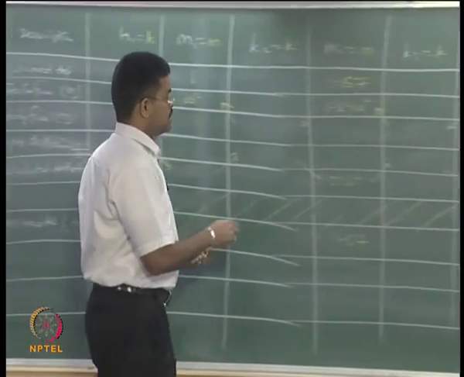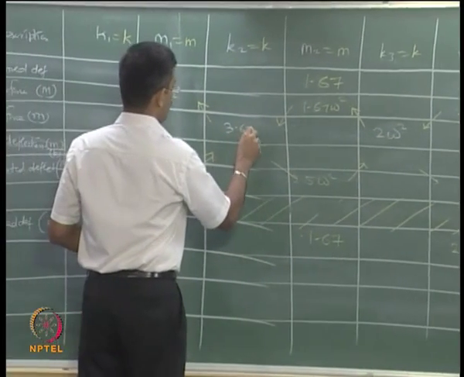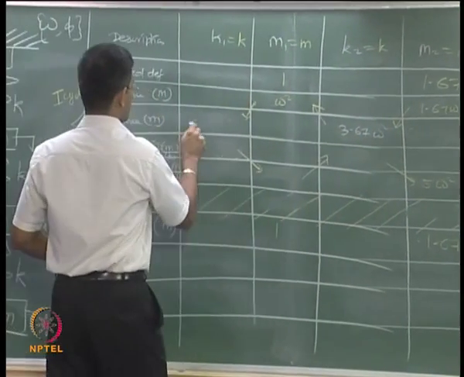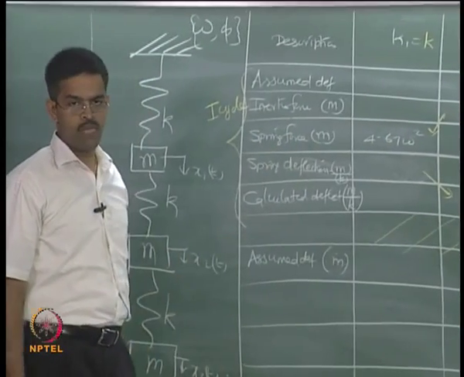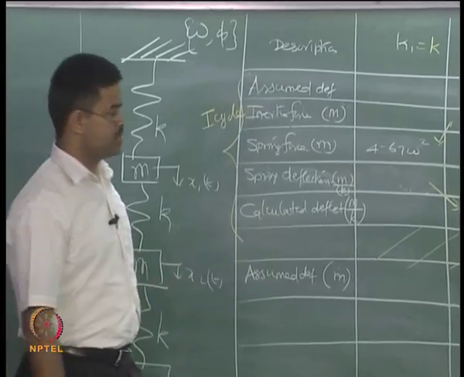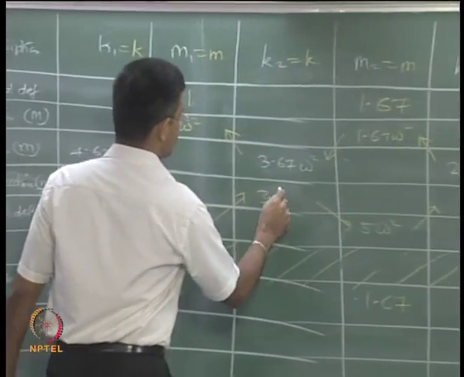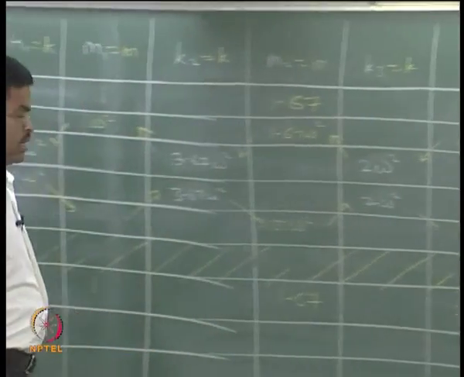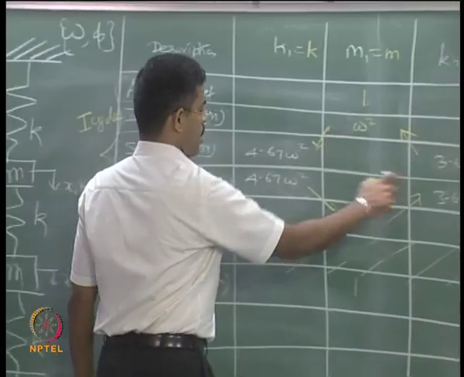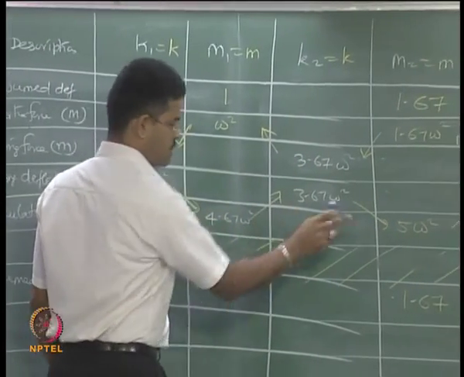So adding this becomes 2 omega square, 3.67 omega square, 4.67 omega square, again m out. I divide this by the stiffness, I get 4.67 omega square, 3.67 omega square and 2 omega square. I transform in the same arrow style, so it is 4.67 omega square plus and so on.